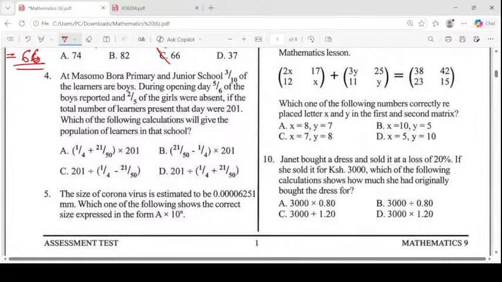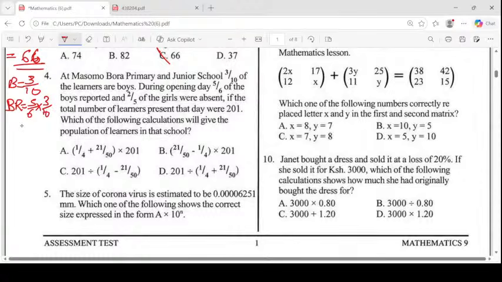3/10 of the learners are boys. So the number of boys is 3/10. That's the fraction that represents the boys. During an opening, 5/6 of the boys reported. So boys who reported were 5/6 times this 3/10.